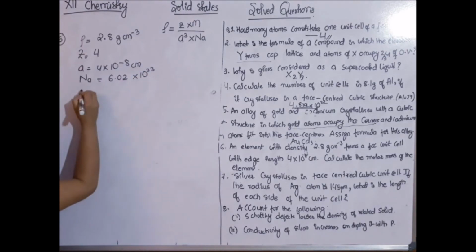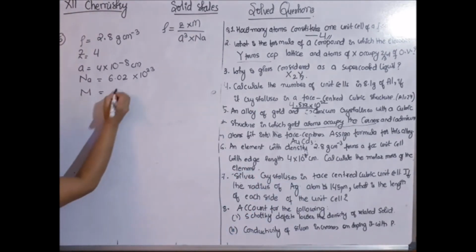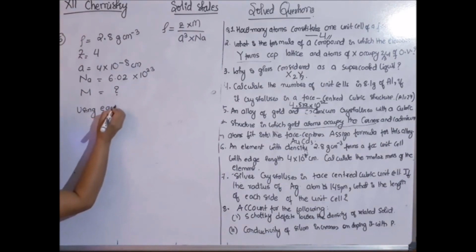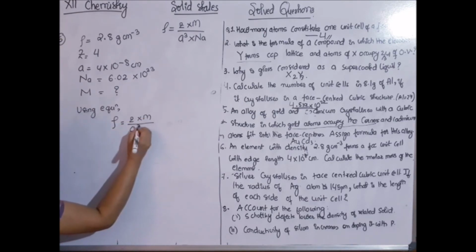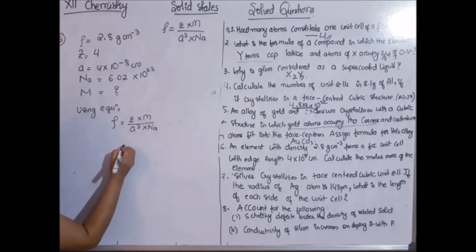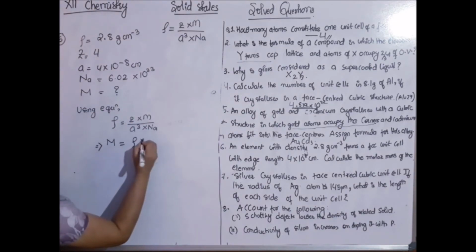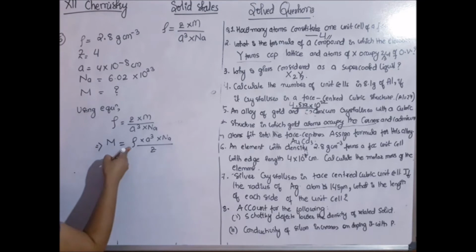Bhayo. So ke nikalnu bandaicha timarlai? You need to calculate, right, molar mass. Now using equation, here's the equation. So rho equal to Z into M divided by a cube into Na. Okay, so Z is, so hamila chaheko cha M. So every time whatever is required, try to keep them in left hand side. So M huncha timro kati cha rho into a cube into Na divided by Z. Okay, rho kati cha?